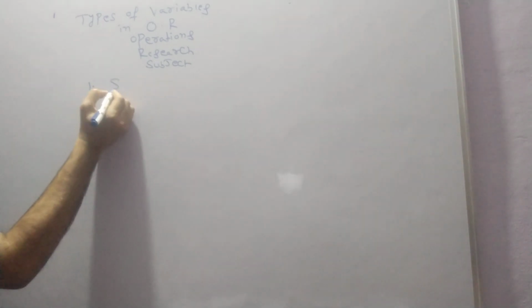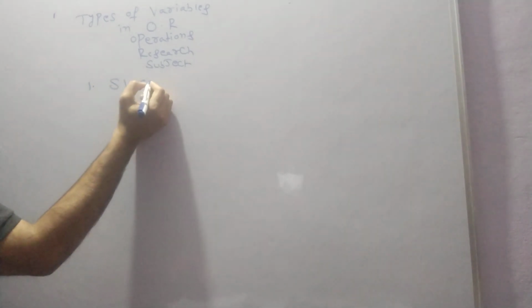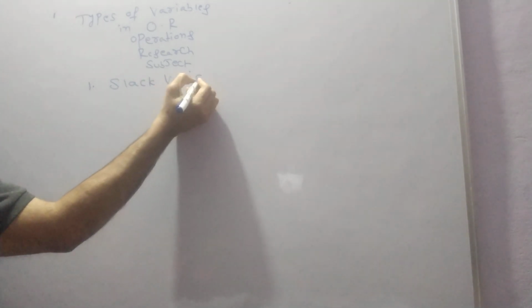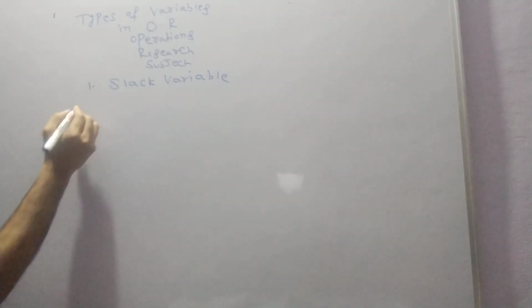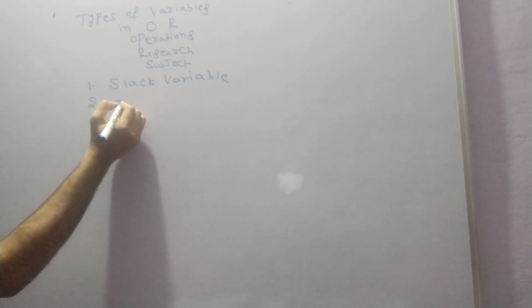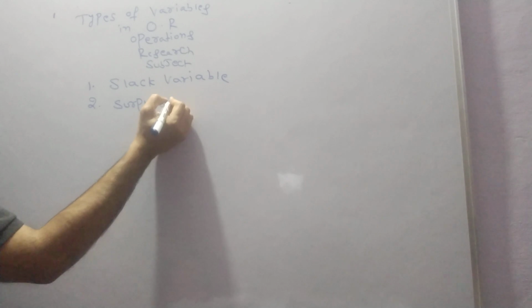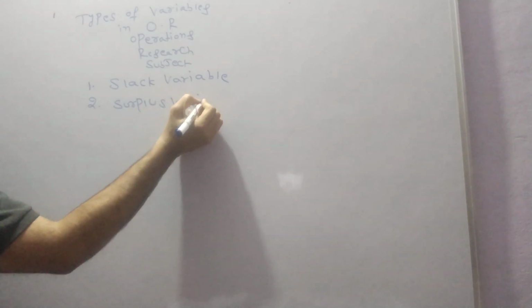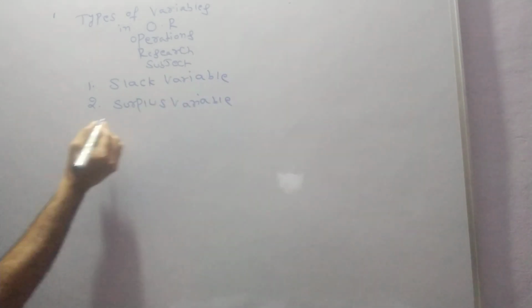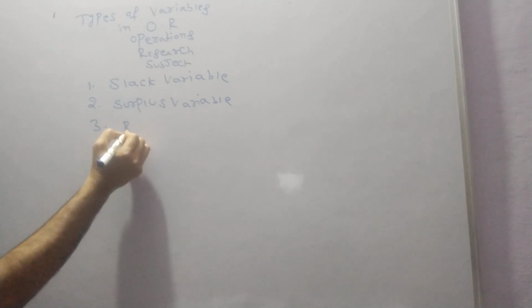So these are the types of the variables. First variable is slack variable. Second is surplus variable.